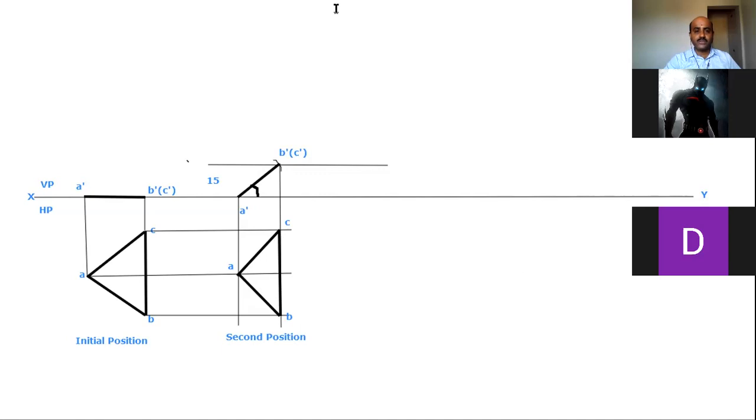So the same procedure we were doing. Draw a line for 30 degrees. Okay, so on this 30-degree line, this is 30.